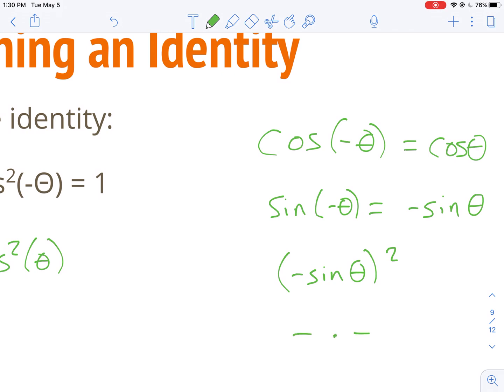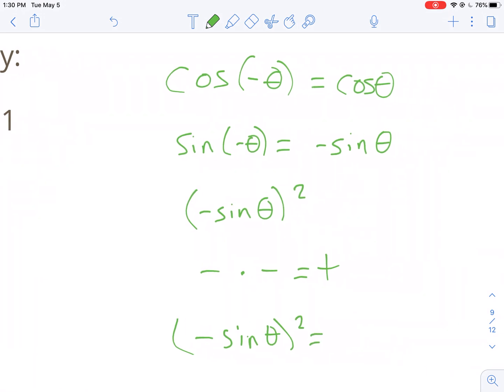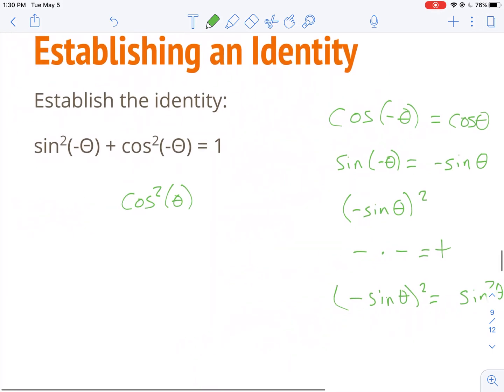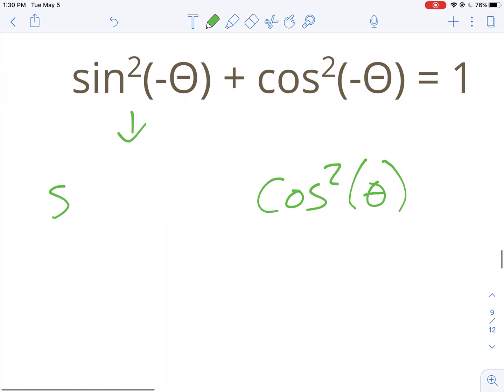Negative times a negative is equal to a positive. So the negative sine of theta squared is equivalent to the positive sine of theta squared. It doesn't change. These are equivalent values. So then that means that is just equal to the sine squared of positive theta as well.